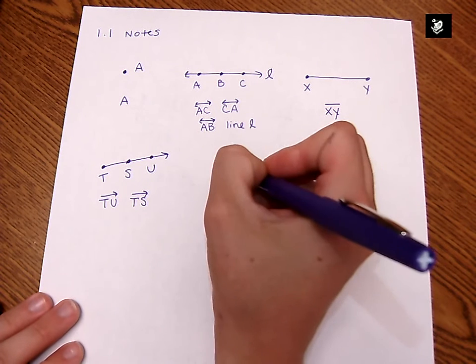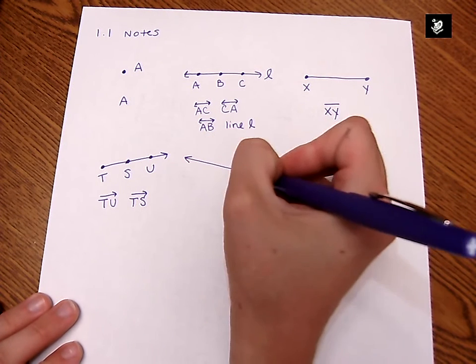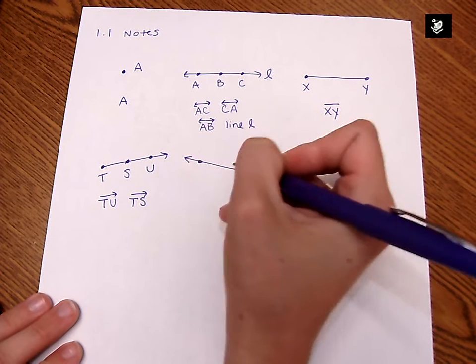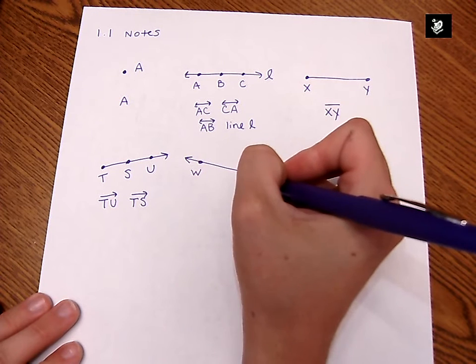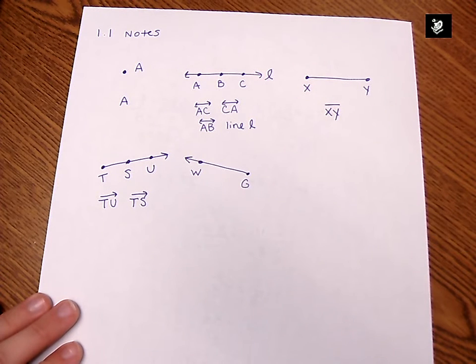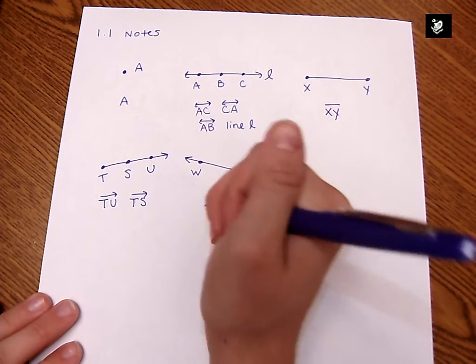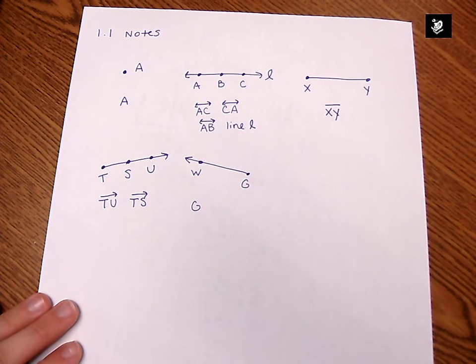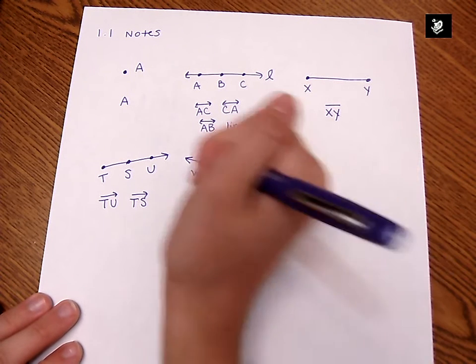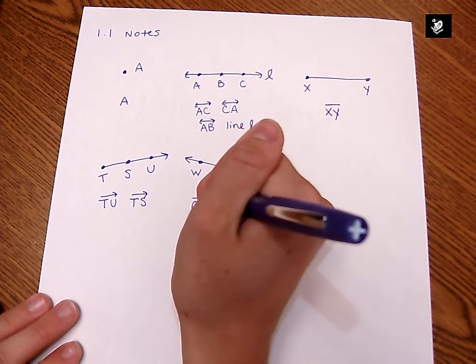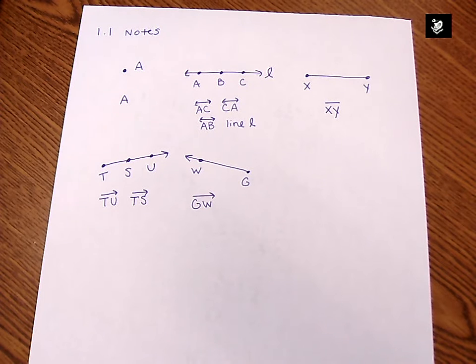So even if we have a ray that's pointing this way, even though it's pointing to the left, when we're naming this ray, we still name the endpoint first, which is G, and then any point in the direction that it's headed. And then our arrow is still going to the right.